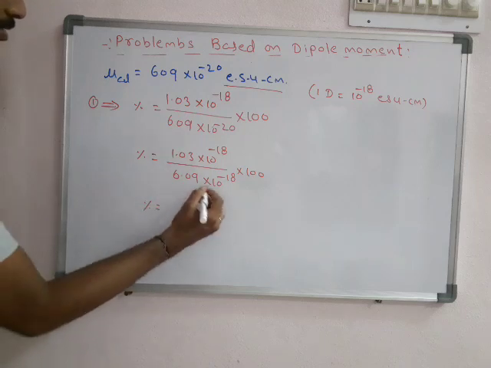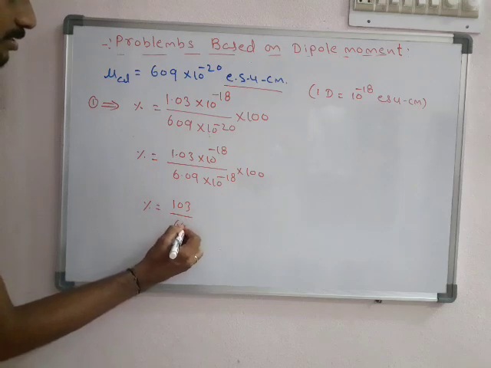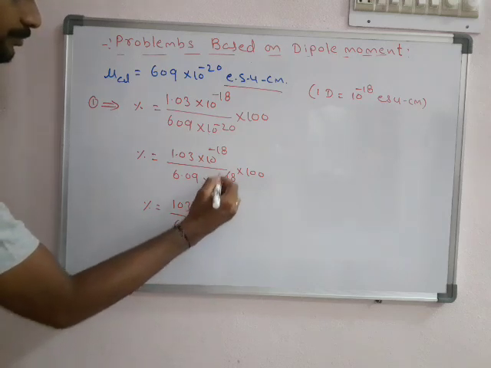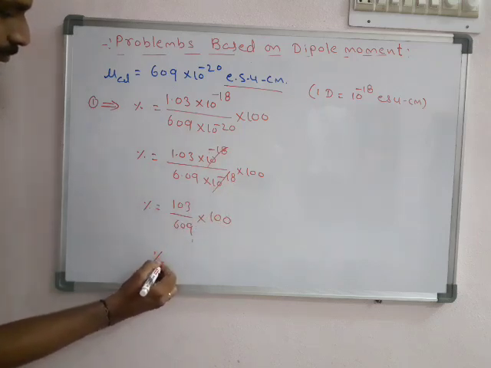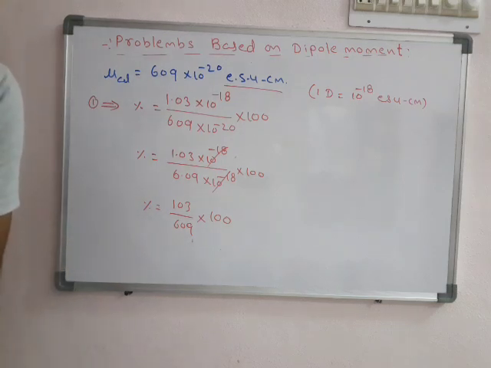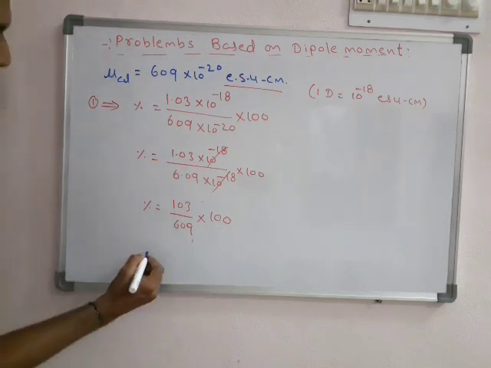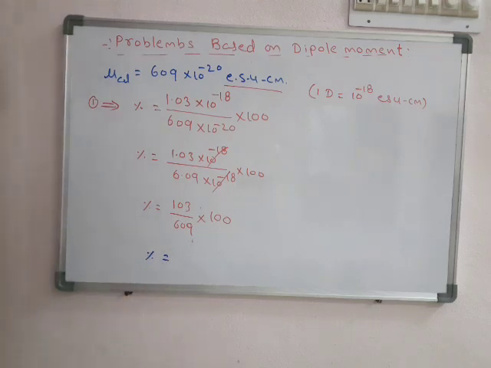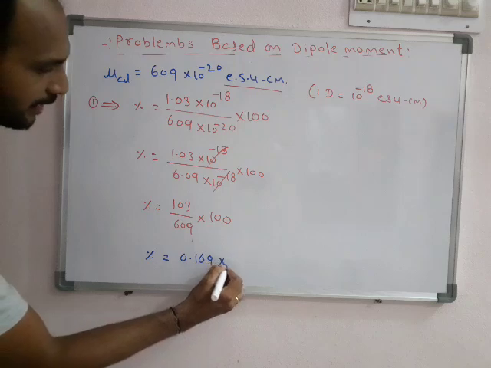Finally the percentage becomes 103 by 609, approximately 0.169, into 100.